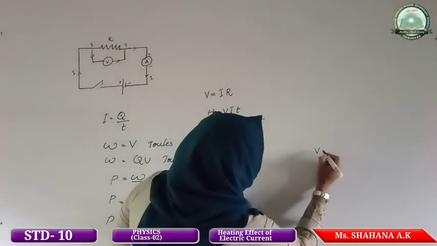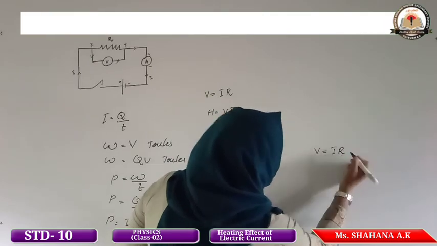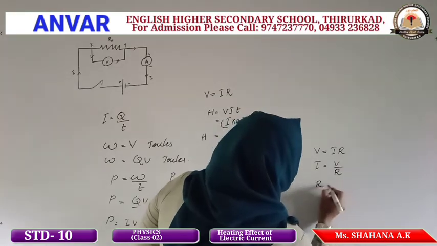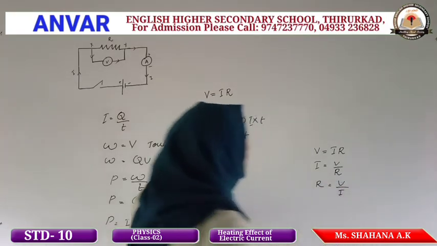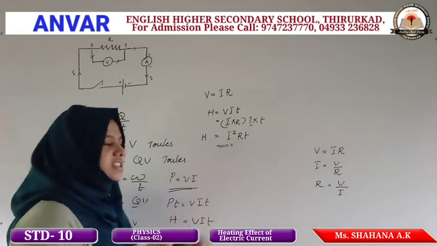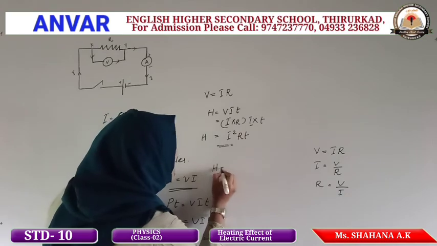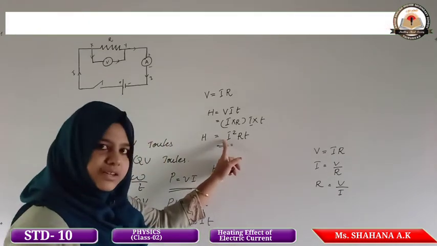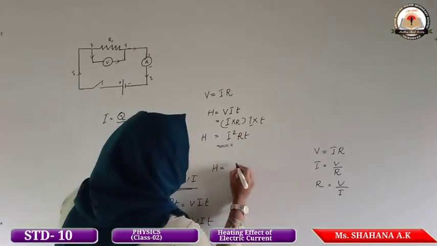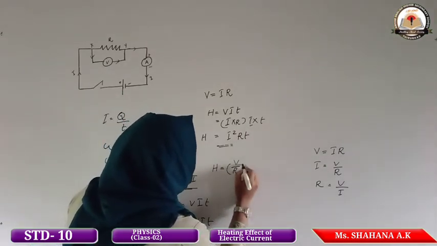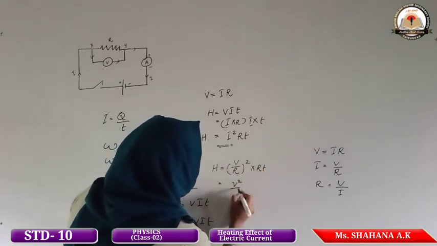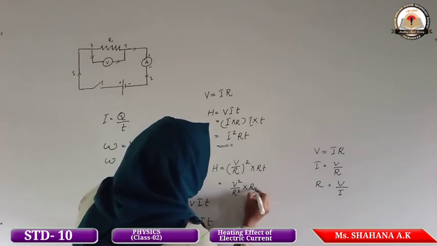According to Ohm's law, V is equal to IR, and we can find I is equal to V by R and R is equal to V by I. Here I am using V by R instead of I in this equation. Thus the equation becomes H is equal to (V by R) whole square into RT, then V square by R square into RT.